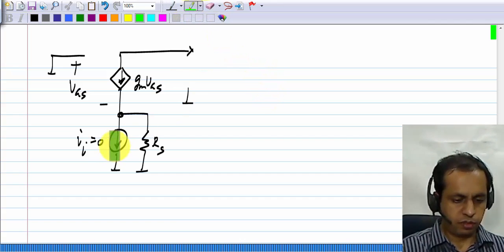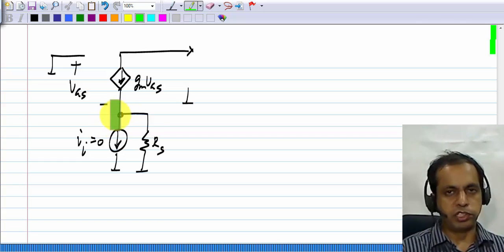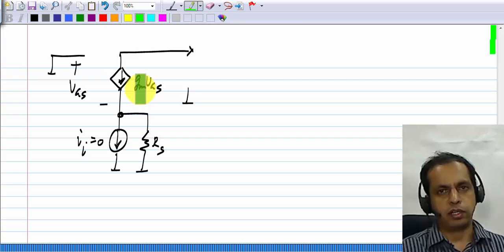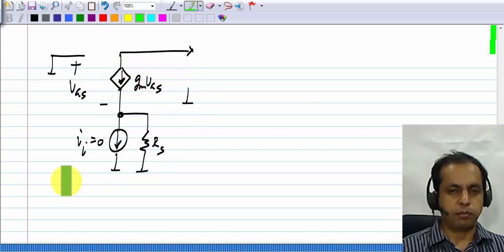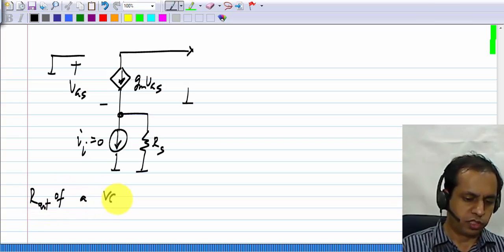Now in this case, when you set II equal to 0, and if this is all the circuit, you see that the consistent solution is for this voltage to be 0 and this current source to be 0 and consequently an open circuit. Remember, this is exactly the same thing that we evaluated for the output resistance of a voltage controlled current source.